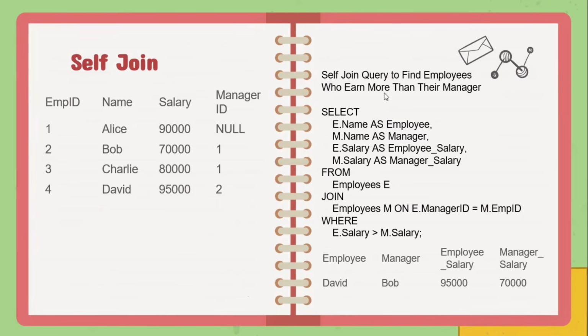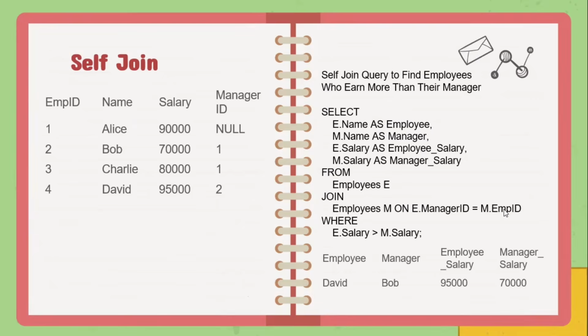So, self join query to find employees who earn more than their manager. Let's do that. Select e.name as employee, m.name as manager, e.salary as employee salary, m.salary as manager salary from employees e join employees m on e.manager_id equals m.employee_id.